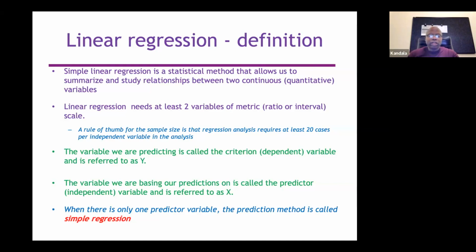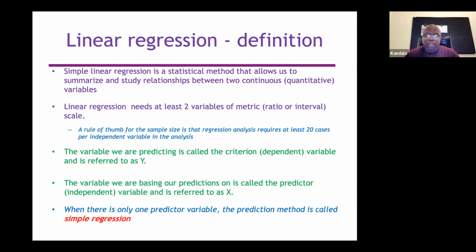The variable we are predicting is called the dependent variable, and it is referred to in regression language as y, and the variable we are basing our prediction on is called the independent variable, or the predictor, or the covariate, and is referred to as x.